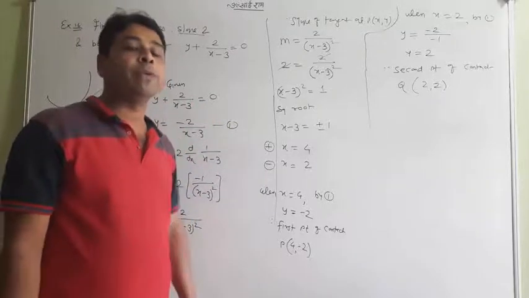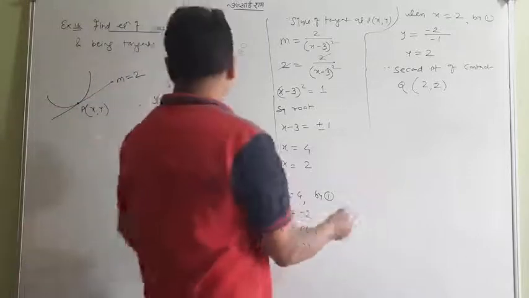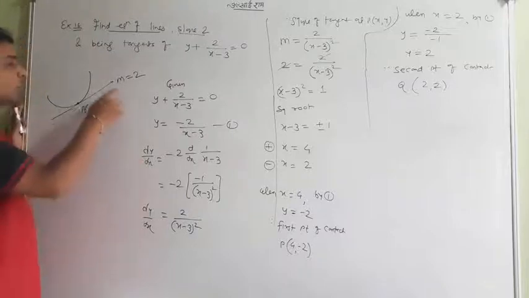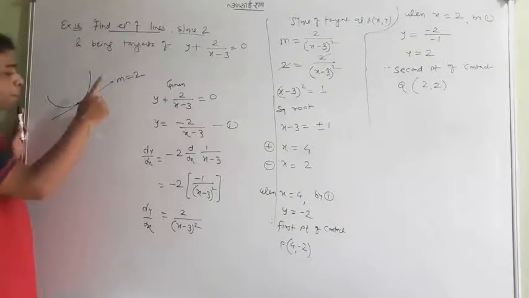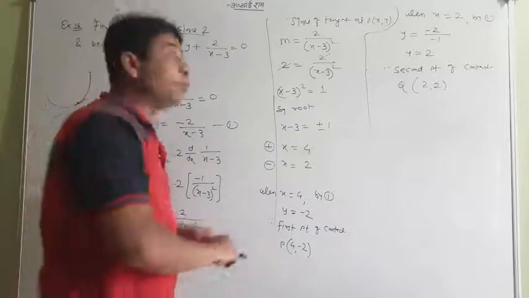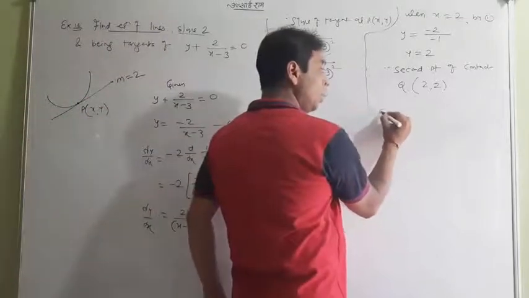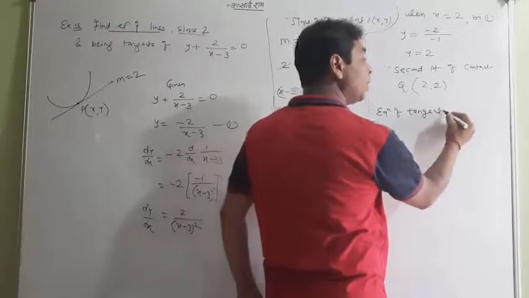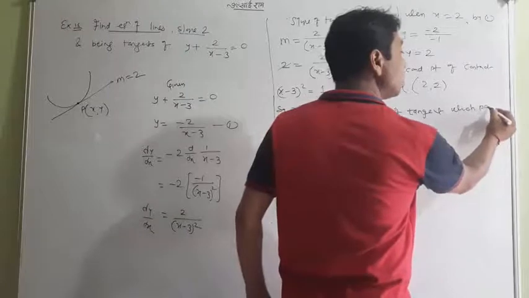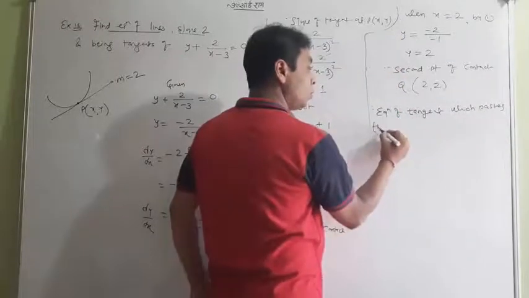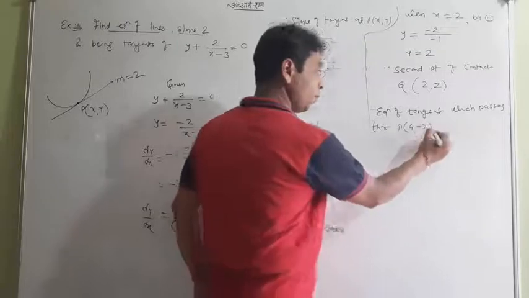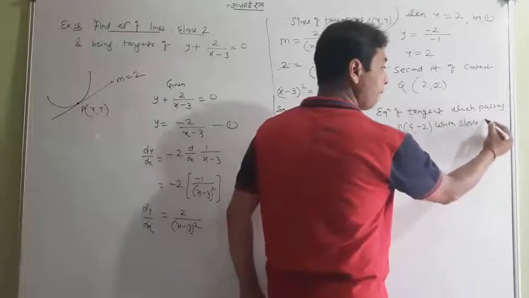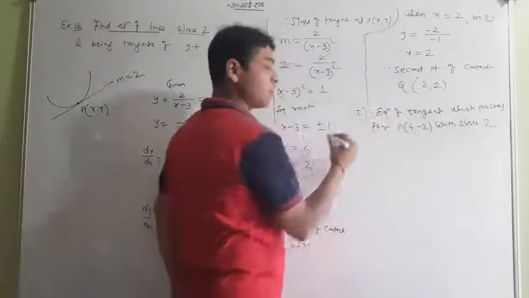Okay, now I tell you how we can find the equation of the tangent. Suppose I am finding the equation of this particular tangent. What is the requirement? M is given and P is this. So by the one point form I'll write: the equation of the first possible tangent, which passes through the point P with slope 2.